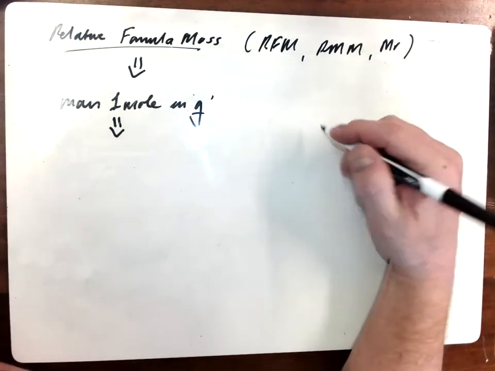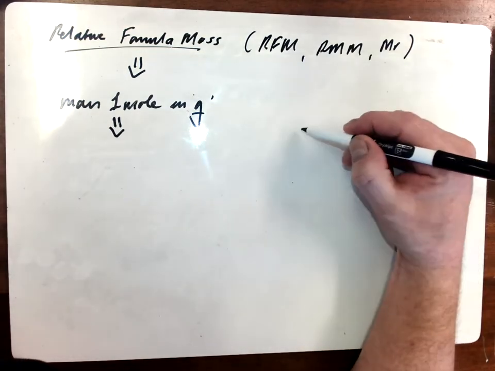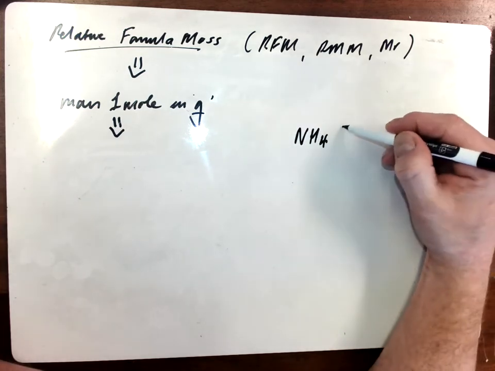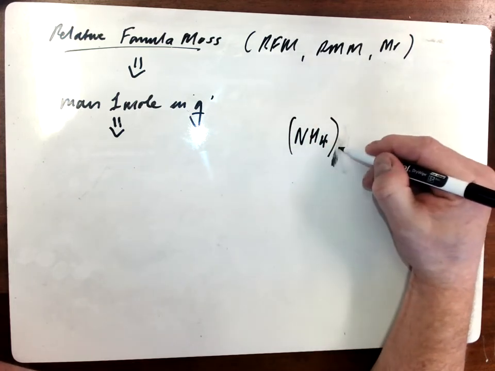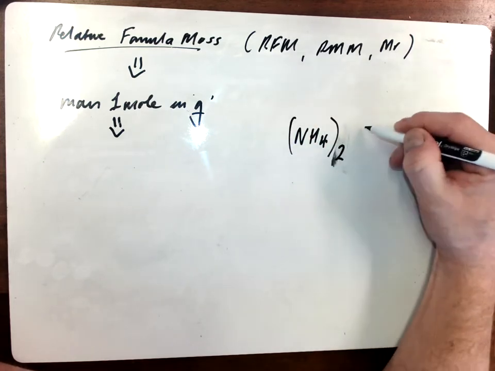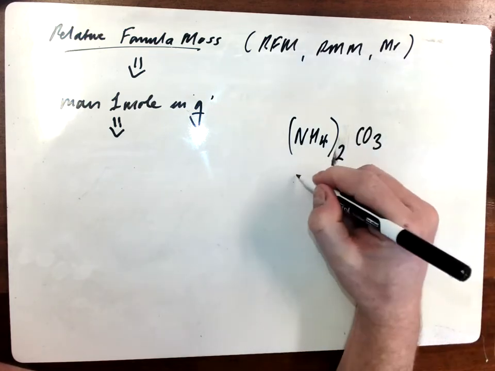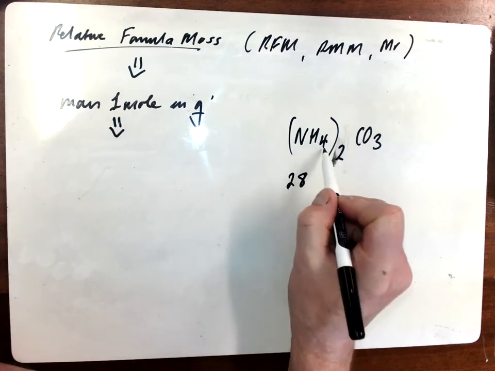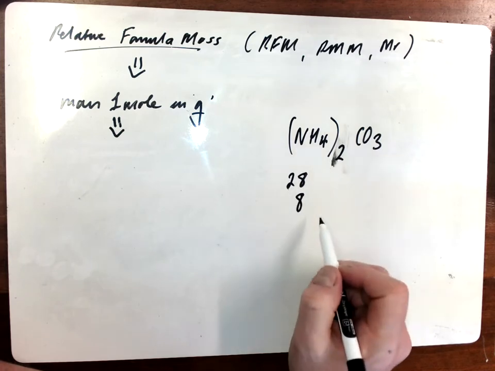Right, if we took a slightly more difficult one again, we'll take ammonium carbonate. So our 2 here tells me I have 2 nitrogens, which is 28. I have got 2 times 4, which is 8 hydrogens, gives me 8 times 1.